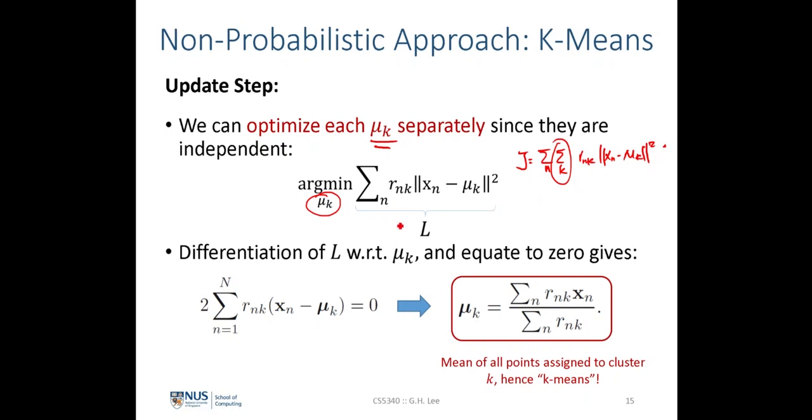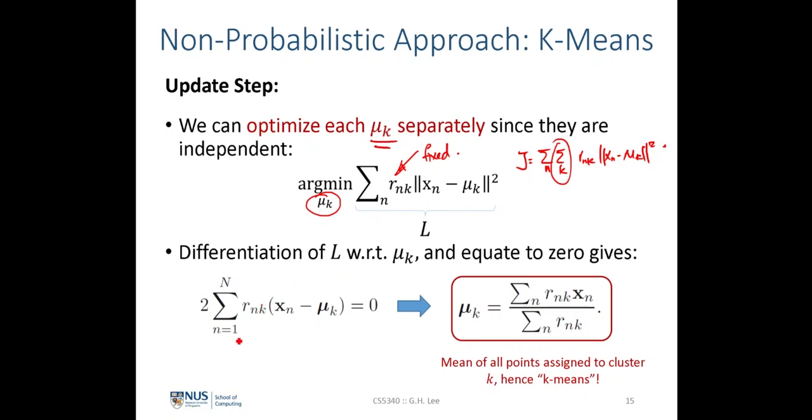One thing to note is that we take rnk as a fixed value from the previous assignment step. This minimization can be easily done by differentiating the cost, which we call L, with respect to mu k and equating it to 0, since there's only one variable in this optimization.